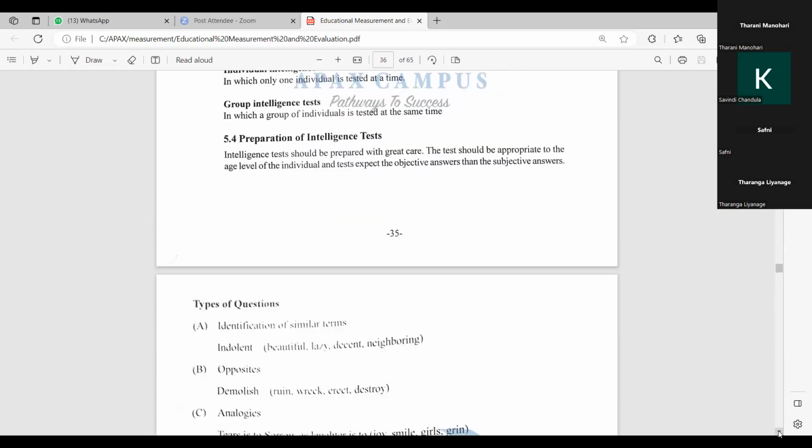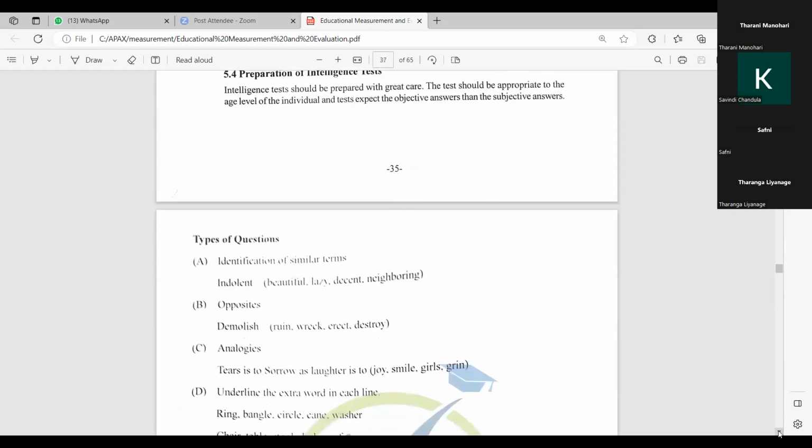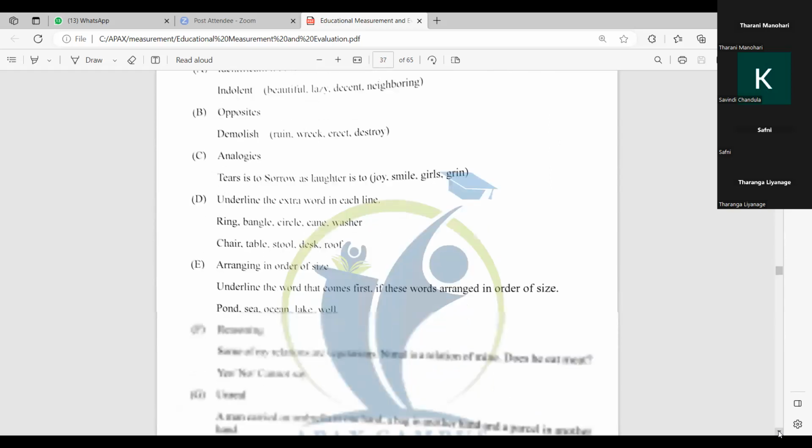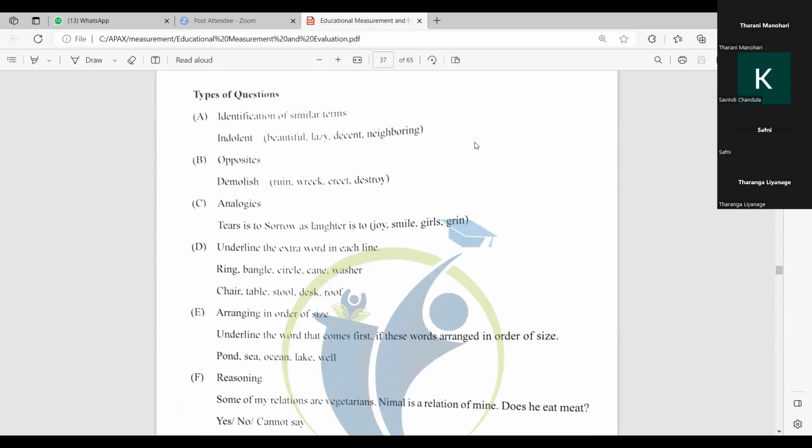In the preparation of intelligence tests, you can have these types of questions. One is identification of similar terms. We have the word indolent and some words given, so you have to find the similar words.